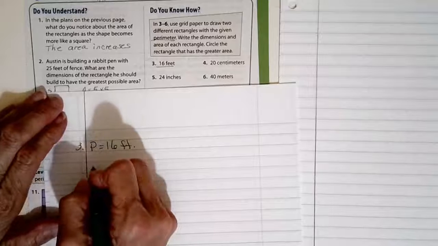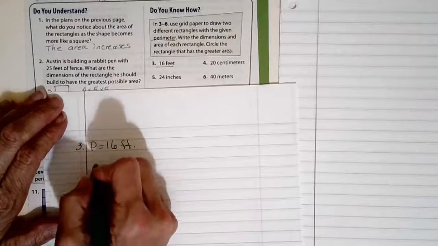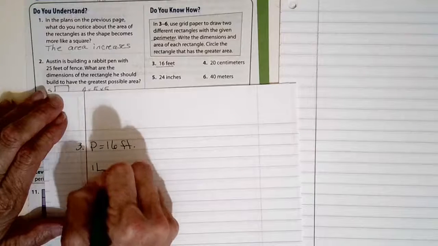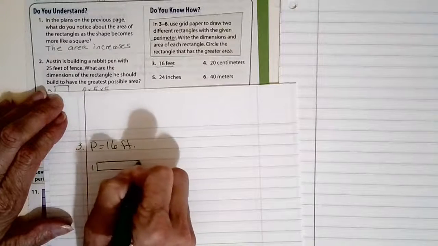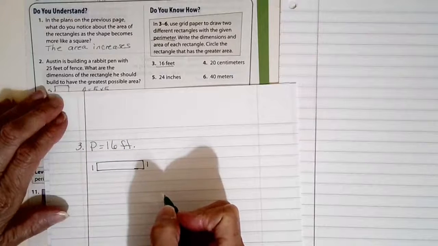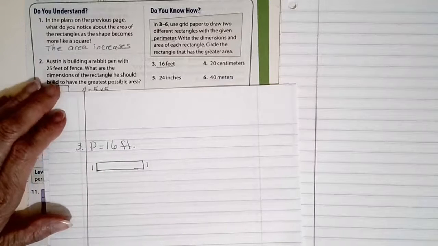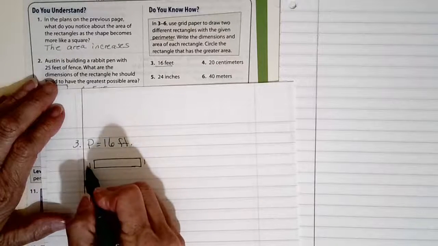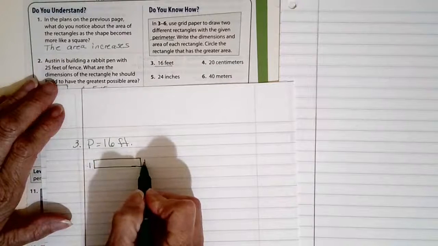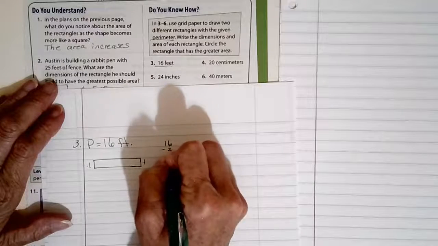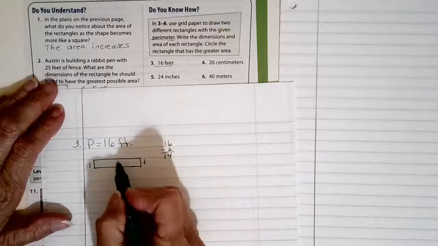Well, the first thing that I would draw is I would give it a side length of 1. And then I would solve from there. Let me think. If I've got 1 as my side length, 1 plus 1 is 2. And then I know my total is 16, so 16 minus 2 leaves me with 14.